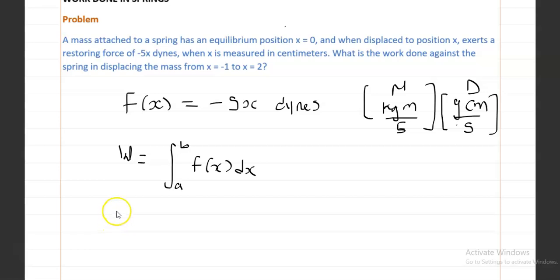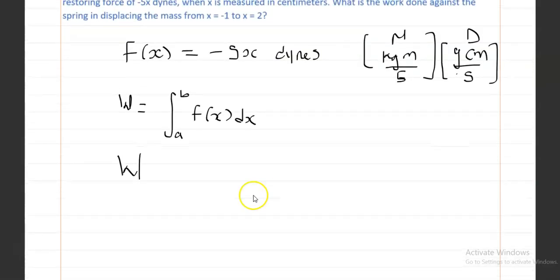So in this case, W equals the integral of 5x. Like I said, we are not worried about the direction there. We just pick out the magnitude from -1 to 2. So we're trying to calculate the work done in displacing from -1 to 2.